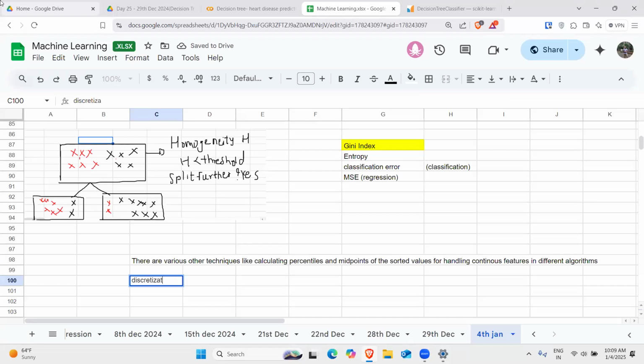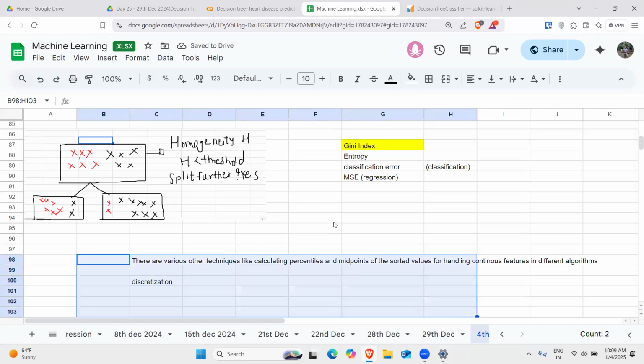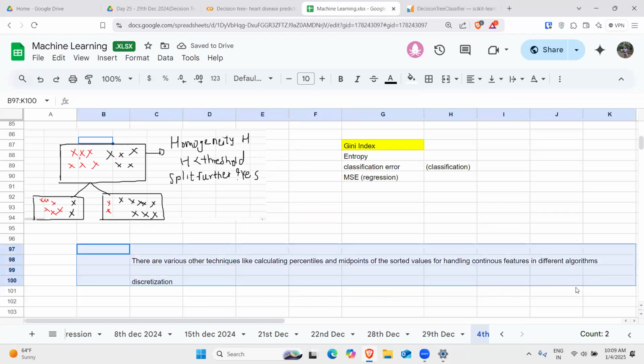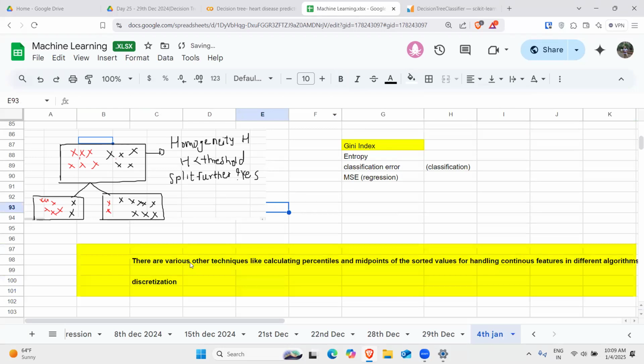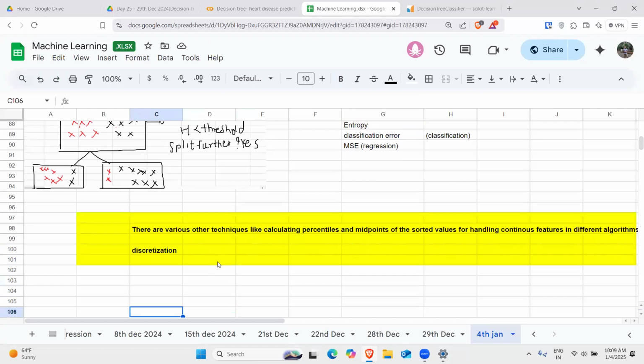So what is discretization? Anyway, this is beyond the scope of your course. You have to go further with your study. If you are interested in going for masters or research in this domain, you can explore the discretization part, right? Although the exact technicalities are out of the scope of this module, curious students can read more from the link that I'm going to share.